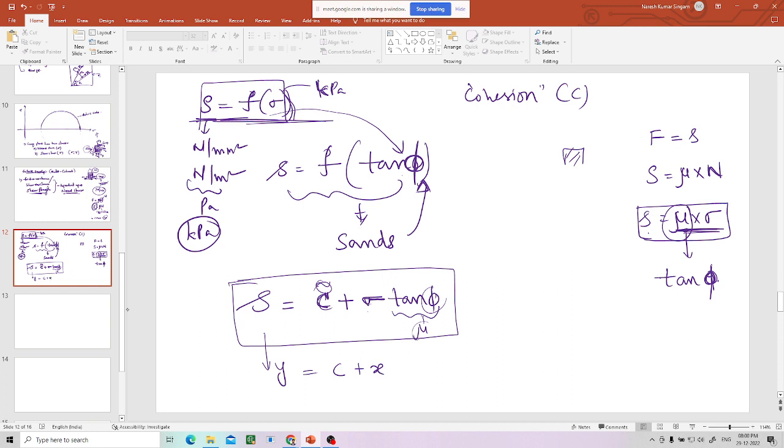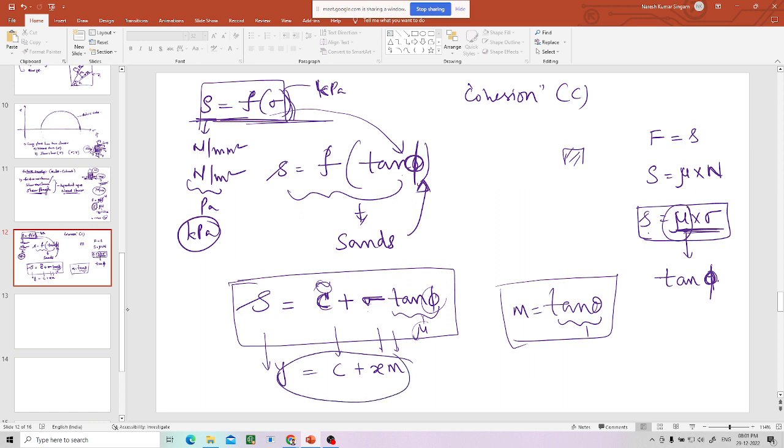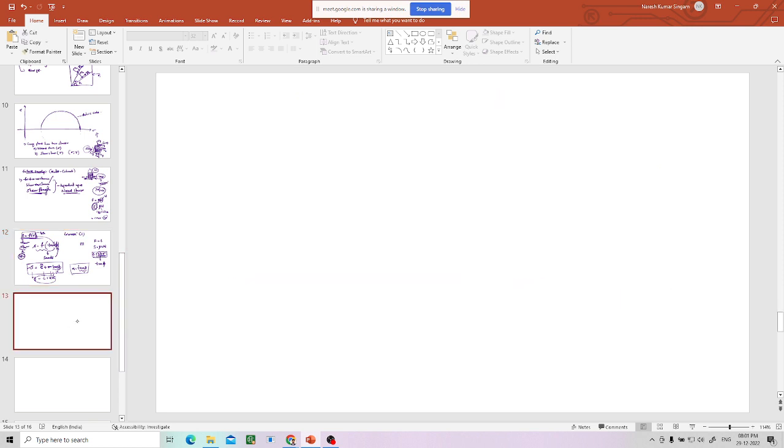Tan phi is nothing but tan theta, where theta is the angle of the line, so tan theta will be the slope of the line. The slope of the line is generally denoted by m. So if I convert this equation to y equal to mx plus c, it is nothing but a straight line which has the intercept equal to c on the y-axis. So I'll just draw that.